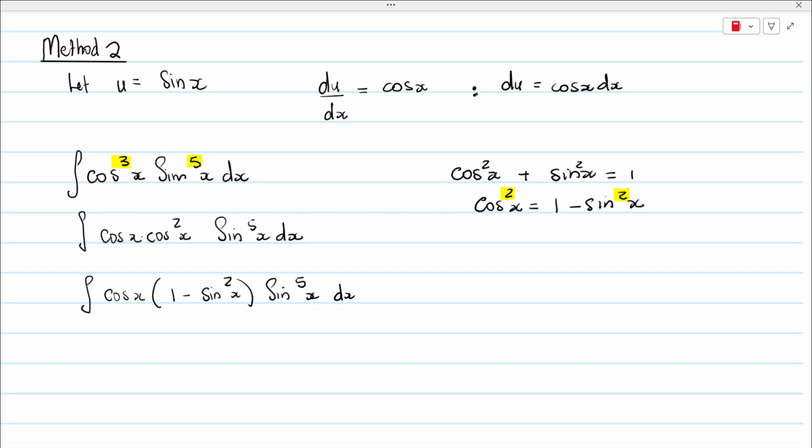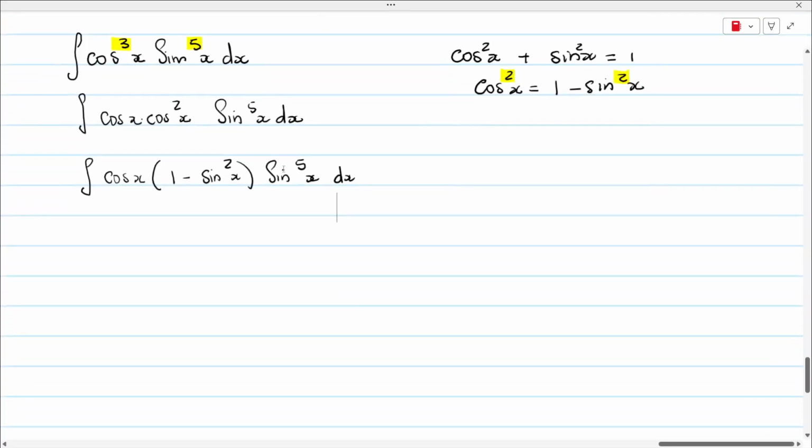You can already see that I didn't change anything. It's cos x times this, and 1 minus sine squared x is the same as cos squared x. The sine 5x I just carried over, because I said let u be sine x, so I'll be able to work with this.